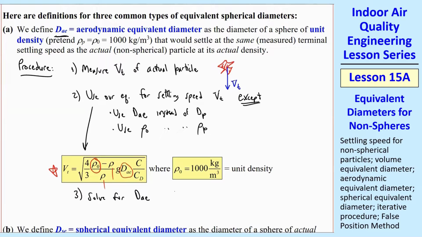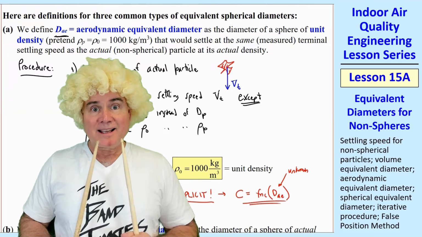Well, the problem is, like we've seen before, this is implicit, so it's not as simple as it sounds. In this case, it's implicit because C, the Cunningham correction factor, is a function, as we know, of diameter. So in this case, it's a function of DAE, and DAE is the unknown. So again, we're in this kind of loop here where we need DAE to find C, and then we need C to get our VT, and we're going to have to iterate.